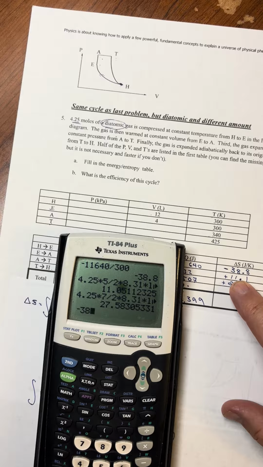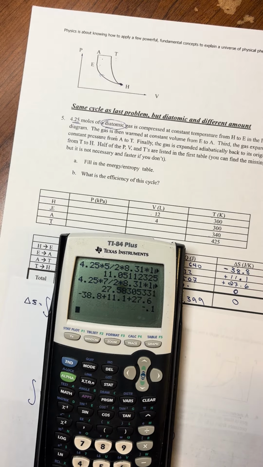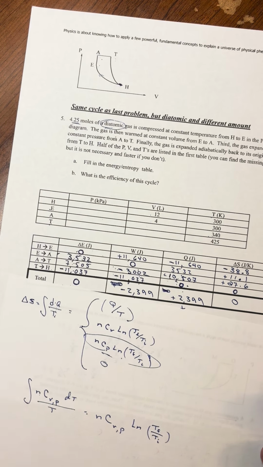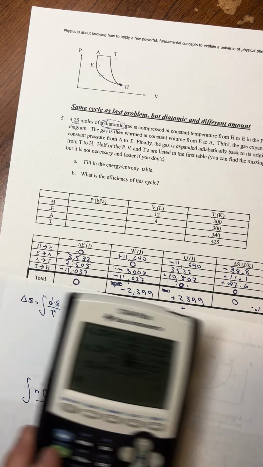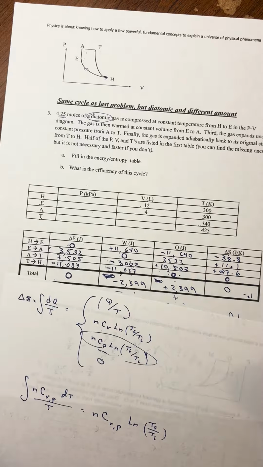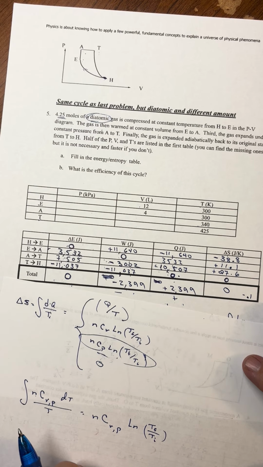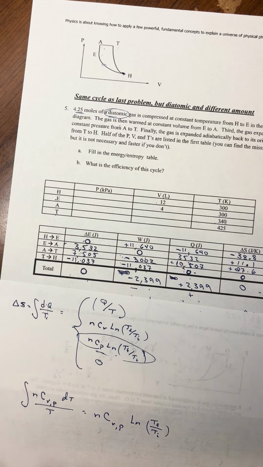If I go negative 38.8, add to it 11.1, add to that 27.6, I get something that can be justified as a small rounding error as a negative 0.1. And so other than rounding, it's perfect.